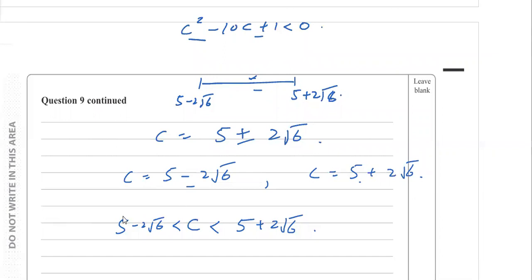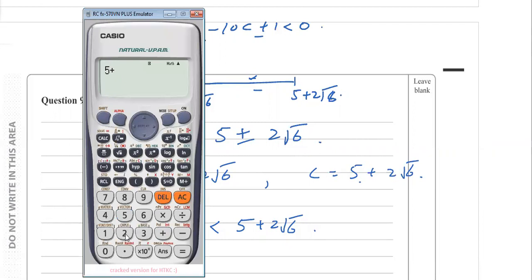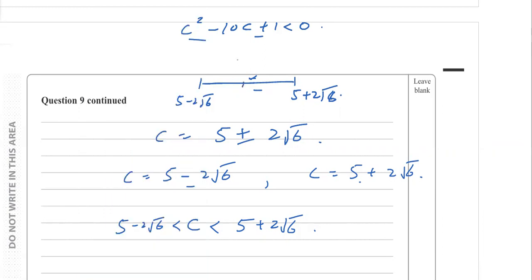Let's choose one of these points. I will calculate 5 plus 2 square root of 6, which gives me in decimal 9.89. If I use a negative sign here, that gives me in decimal 0.1. So between them I can choose any point. Let's say I choose 5.